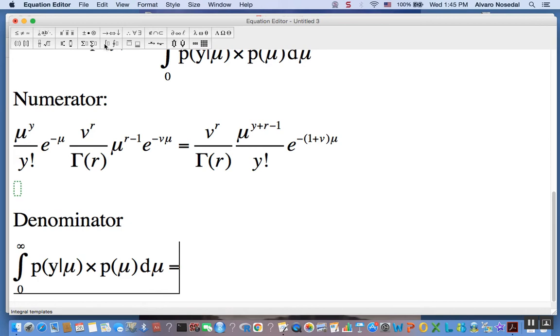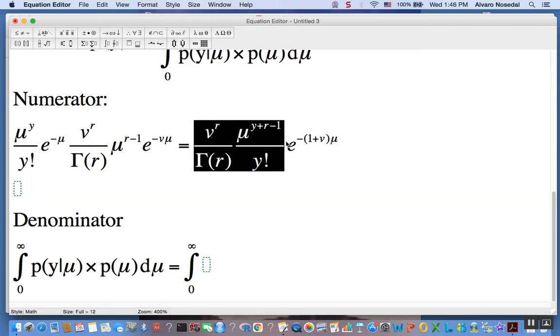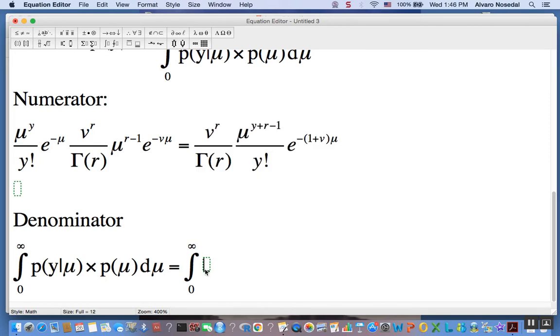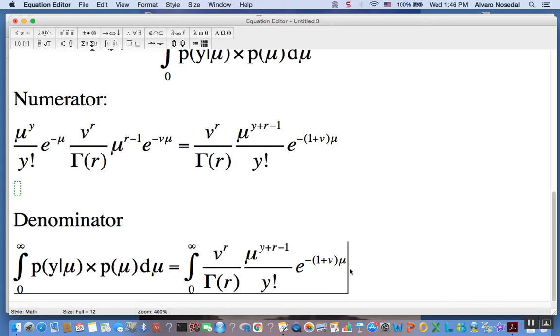So let me write down that integral from 0 to infinity of this, with respect to mu.